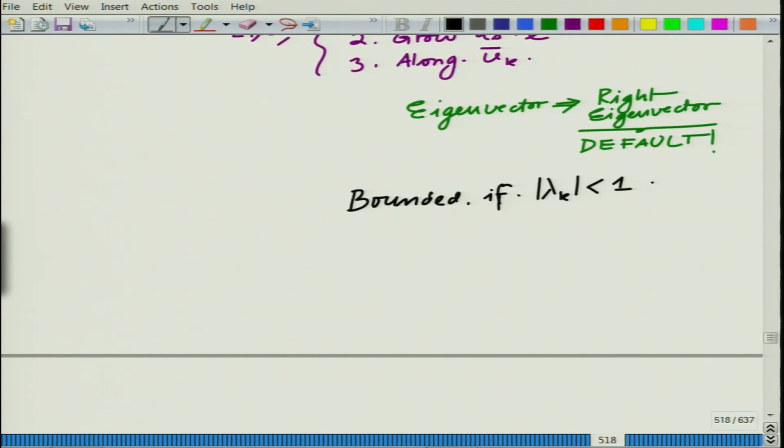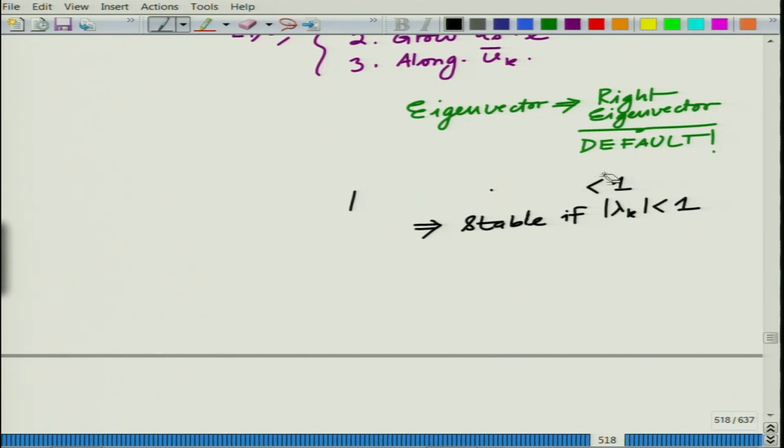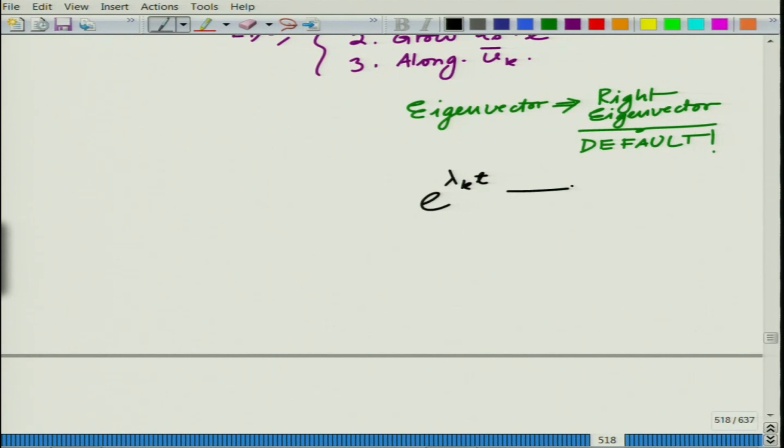This implies the system is stable if e raised to lambda k t tends to 0 as t tends to infinity.